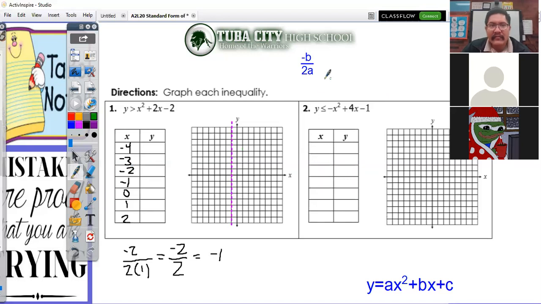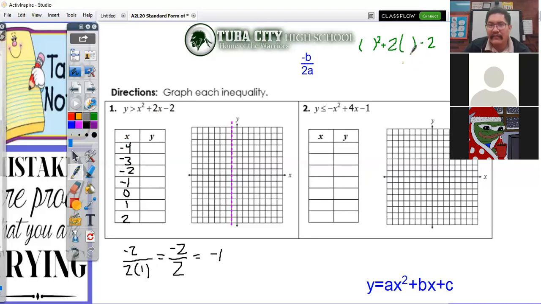Okay, so we need negative 1. First off, I'm going to get my equation. So we have x squared. Oh my gosh, can't write today. Okay, so x squared plus 2x minus 2. And now we just have to plug in different numbers.